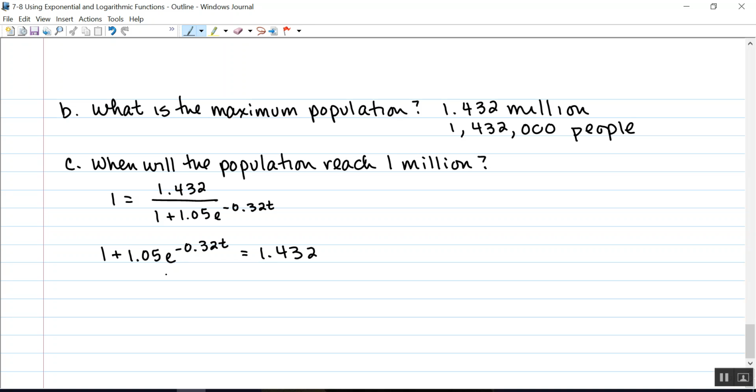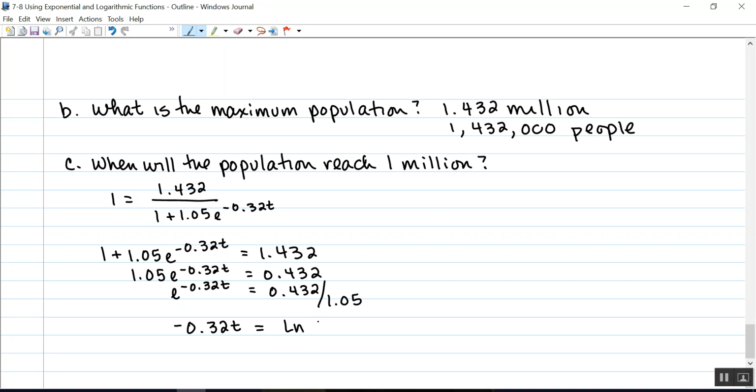Subtracting 1 from each side gives me 1.05 e^(-0.32t) = 0.432. And I'm going to divide both sides by 1.05, so e^(-0.32t) is equal to 0.432 over 1.05. Now, taking the natural log of each side is going to give me -0.32t equals the natural log of that.